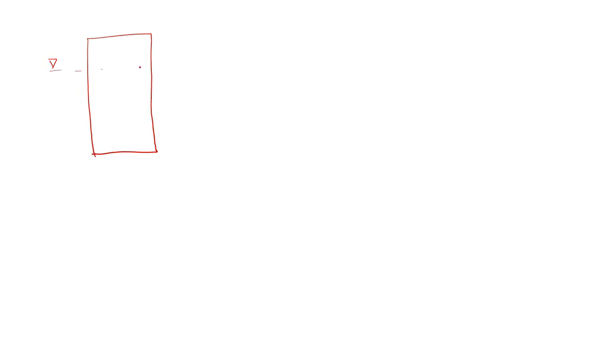Again, I am considering the same condition. This is G, this is B, and I am having M somewhere here, a stable condition. Okay, so what is GM? GM is called the metacentric height.